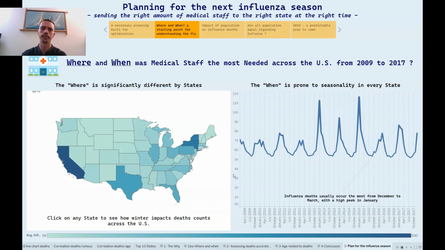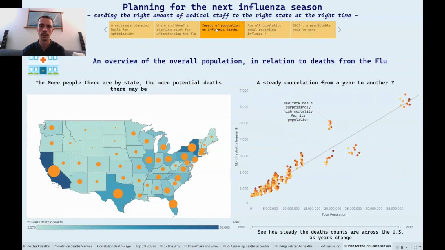Well, now, how can we explain such a difference in mortality across states? The population and density is the first explanation. I was able to use a census from also an official dataset across all of the states.